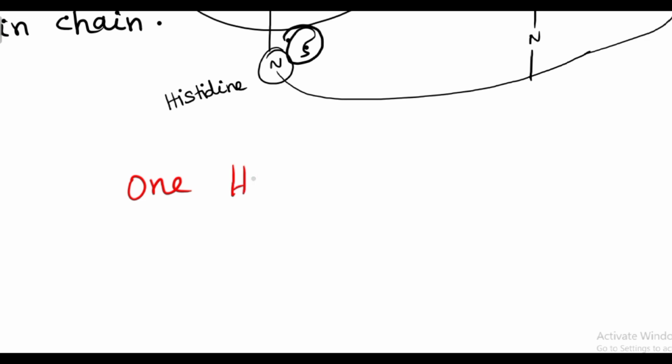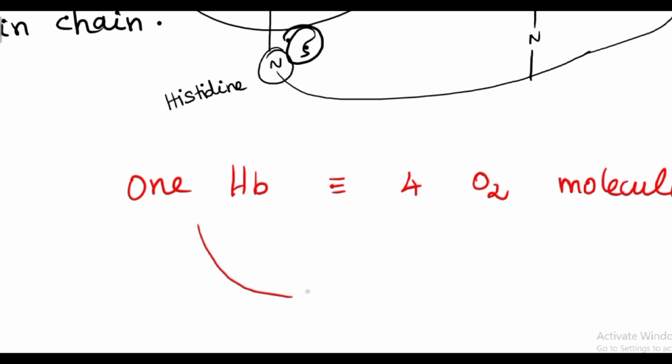Therefore one hemoglobin molecule will absorb 4 oxygen molecules during respiration. Why is one hemoglobin molecule receiving 4 oxygen molecules? It is because one hemoglobin contains 4 heme subunits.